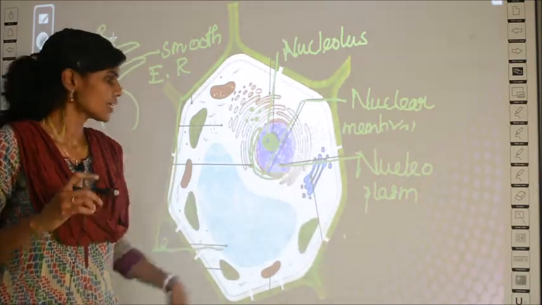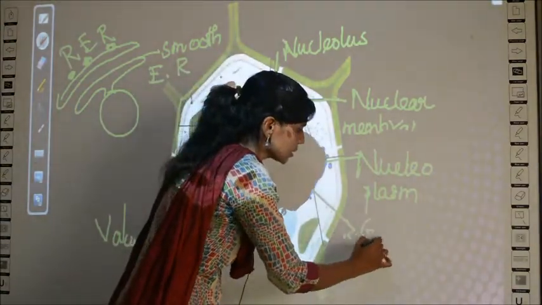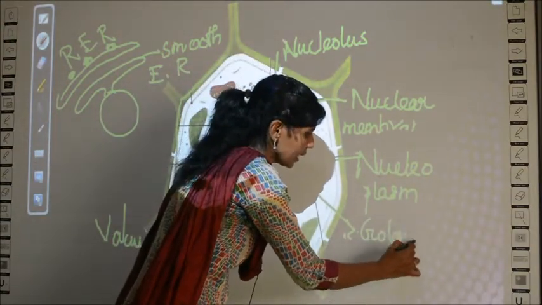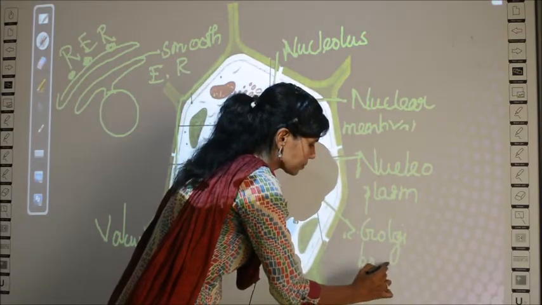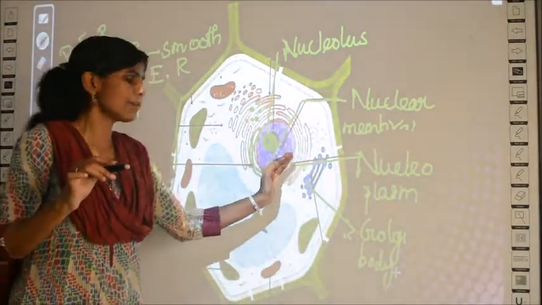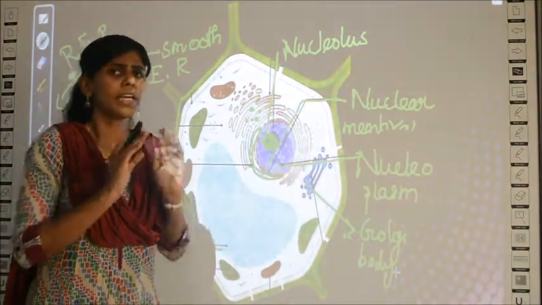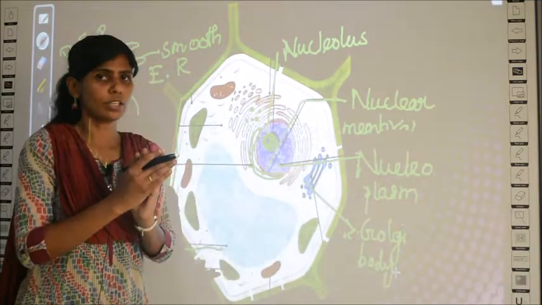This is called Golgi body. I told you the first difference: this will be a little away from the nucleus, but endoplasmic reticulum will be immediately next to the nucleus.